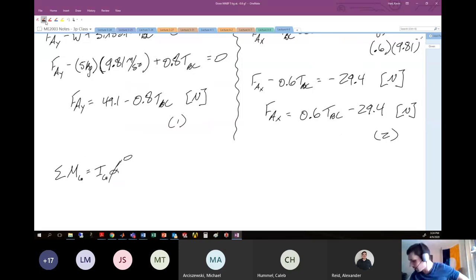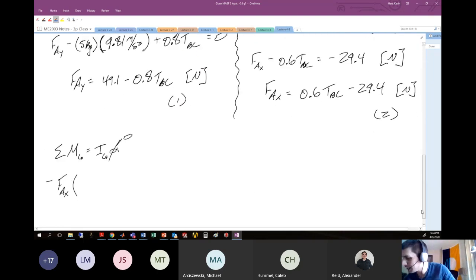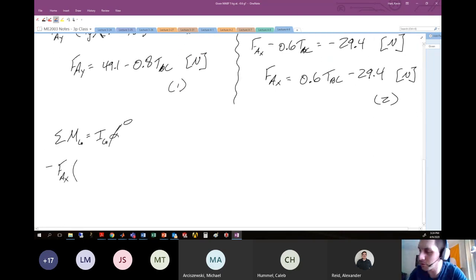So here, from the force at A, we'll have a negative contribution from the force at A in the x direction, multiplied by the moment arm from the center of gravity to that force. Okay, so that is like this length here, which is half of the total length of this piece. All right, so it's going to be 200 millimeters, or if we want to convert to meters on the fly, we'll just say that this is multiplied by 0.2 meters.